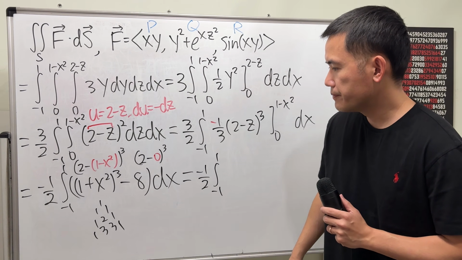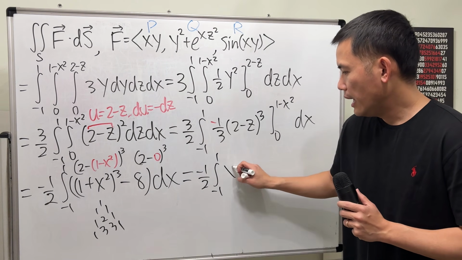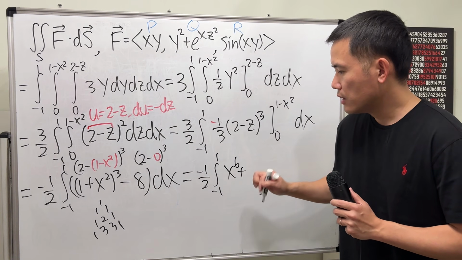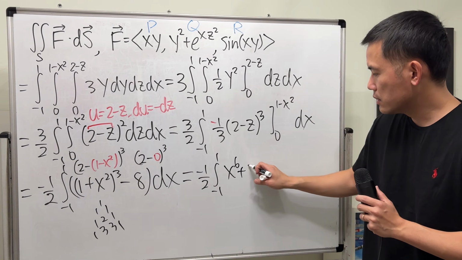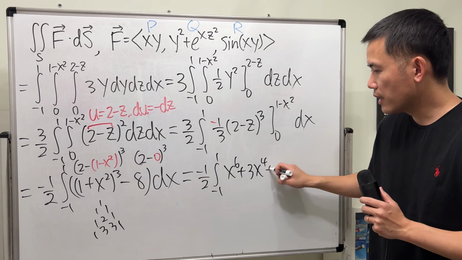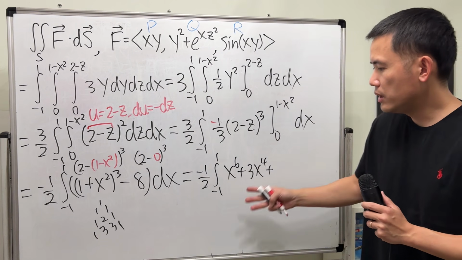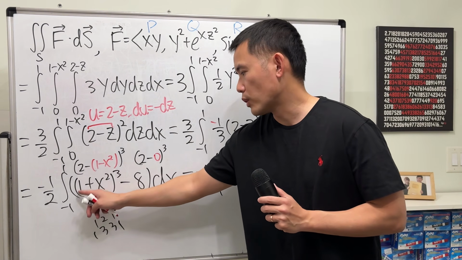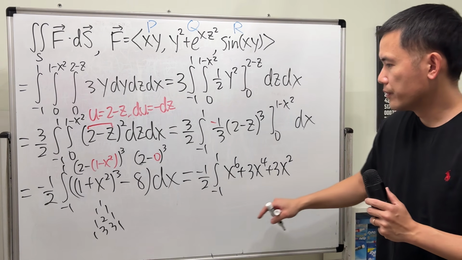And expand this: that will be x squared cubed, which is x to the 6, plus 3 times x squared squared, which is x to the 4th, plus 3 times x squared to the first power times 1 squared, which is 3x squared, and then lastly, plus 1.